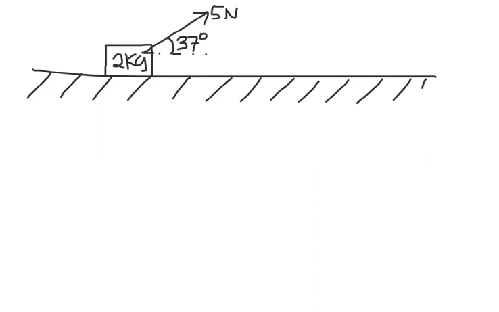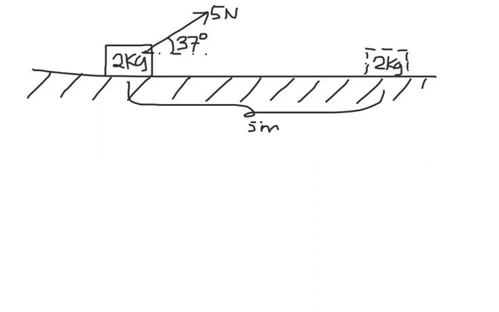Then the box moves through a distance of 5 meters. The question is, what is the work done by the force? We are looking at the work done by the 5 newton force.